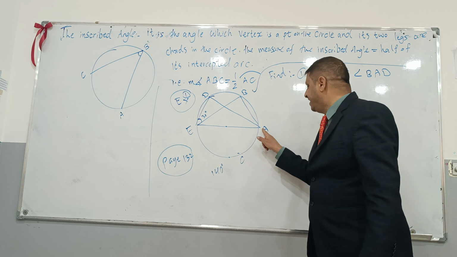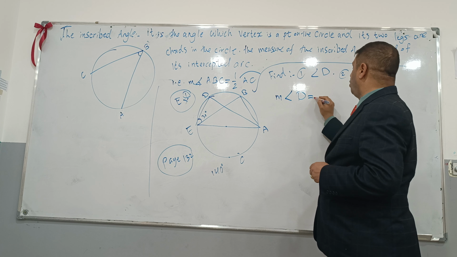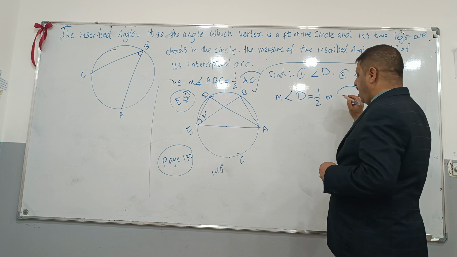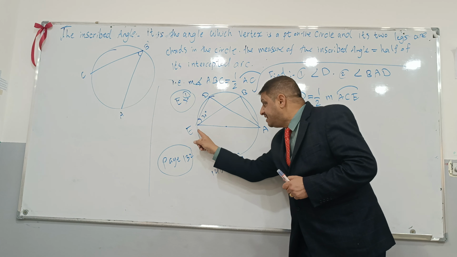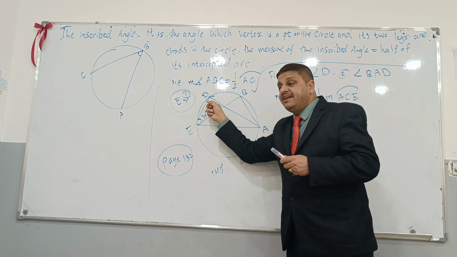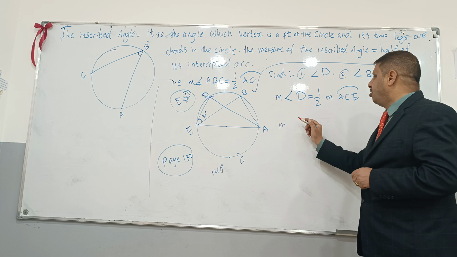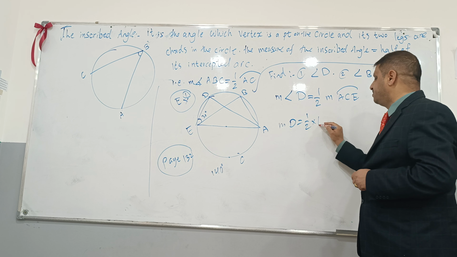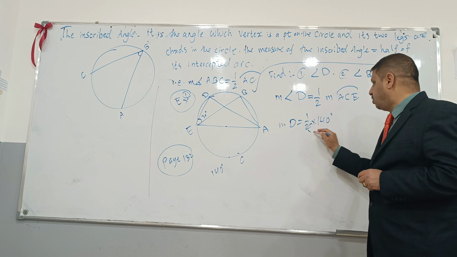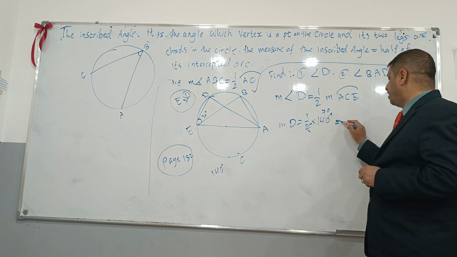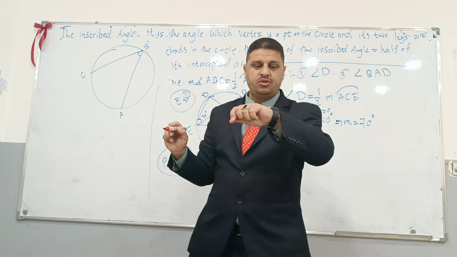Here it is, ACE. The measure of the angle D equals 1/2 the measure of the arc ACE, because the arc ACE is the angle's intercepted arc. So the measure of D equals 1/2 times 140, because the arc is 140 degrees. Half of it is 70 degrees. This is the solution of this question.